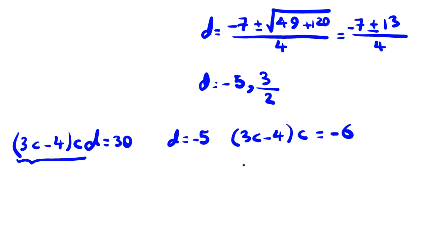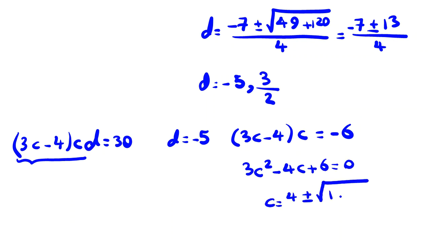If we calculate that, it will be 3c squared minus 4c plus 6 equals 0. The discriminant will be 16 minus 4 times 3, 12 times 6, 72, so it is negative and we don't have any answer here.